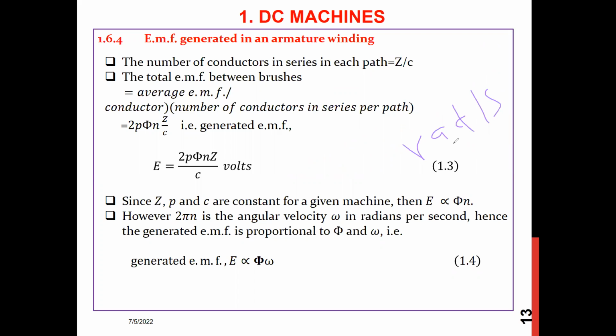Hence, the EMF generated is proportional to flux and angular velocity. The generated EMF E is directly proportional to flux and angular velocity.